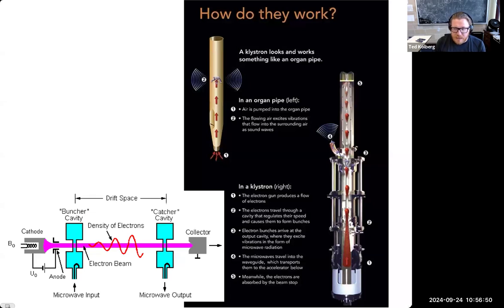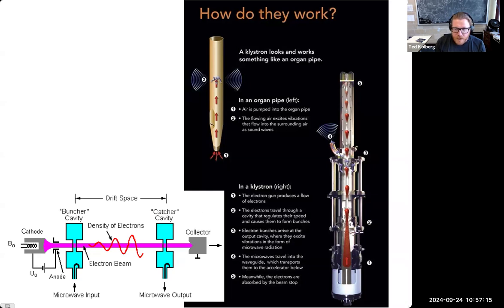Then you have a drift space. And this space is chosen to be long enough that the accelerated electrons will catch up with any electrons that were decelerated from the previous cycle. And so in this drift area, bunches of electrons emerge naturally because of the different velocities that were given by the buncher cavity.